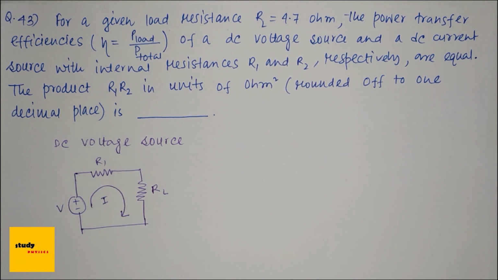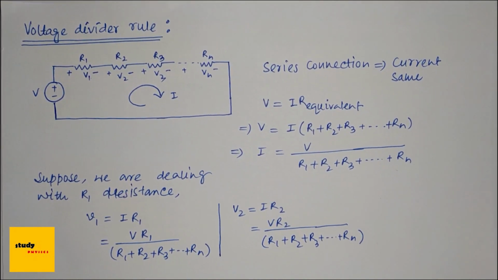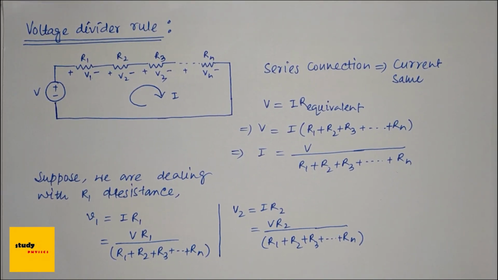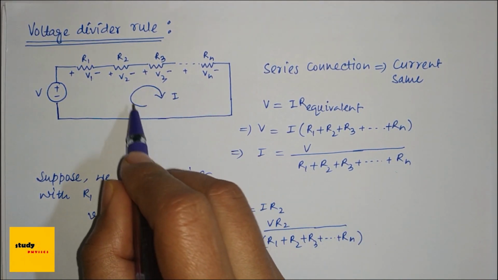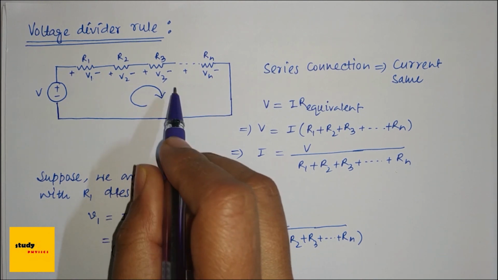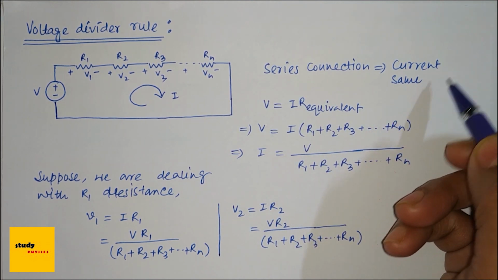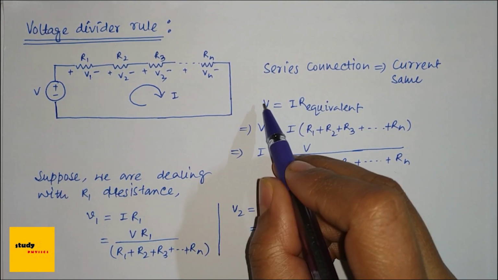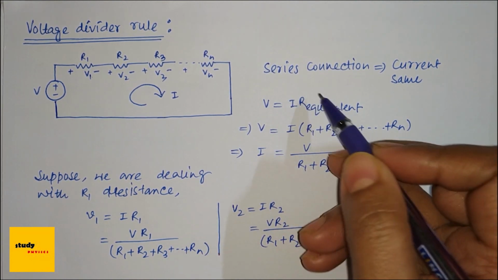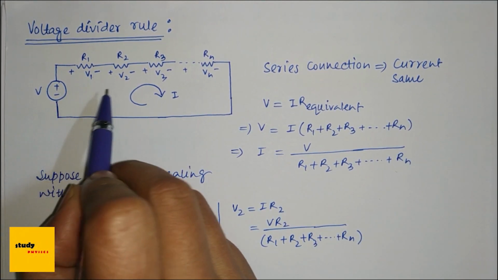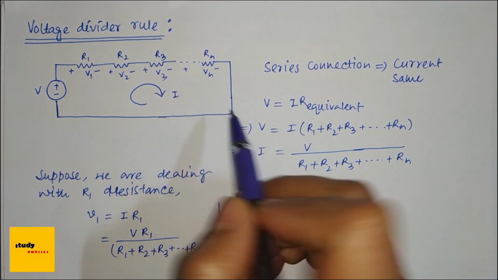For the voltage source circuit, we have to know the voltage divider rule. So here I made a note of the voltage divider rule. All the resistances are connected in series and the current flowing through this circuit is the same, I. Now from Ohm's law, V equals IR, where R is R equivalent, which is R1 plus R2 plus R3 through Rn.